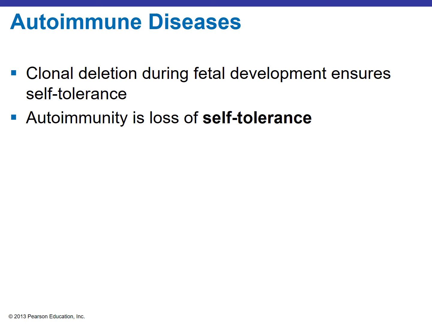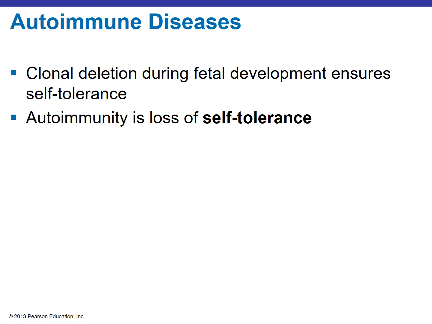And when you have that loss of ability to discriminate between self and non-self, then that can result in your immune system attacking your own self antigens, and that is what would be referred to as an autoimmune disorder.